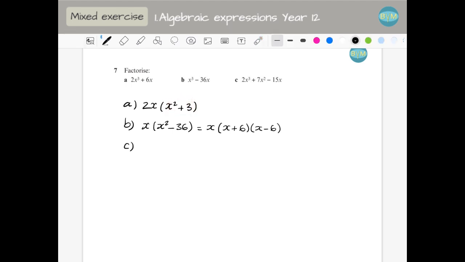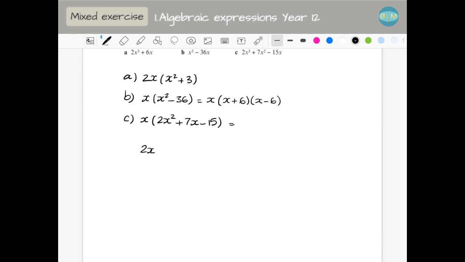For this one, I have x cubed, x squared, and x. So I'm going to factorize, getting the x outside, and then I have a quadratic. We know how to factorize a quadratic, so let's see if we can factorize that quadratic. So I'm trying to find the roots of this one.